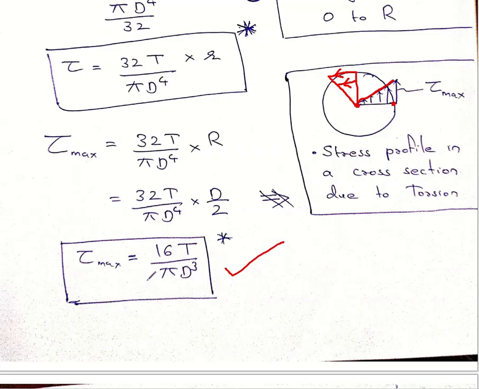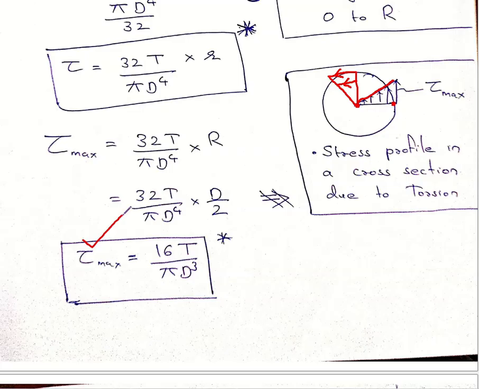We will be asked what the maximum shear stress value developed in the material is when you are applying a certain twisting moment. Or it can be asked in the reverse manner also. That is, the maximum value tau max will be given, the maximum possible stress that the material is able to sustain.